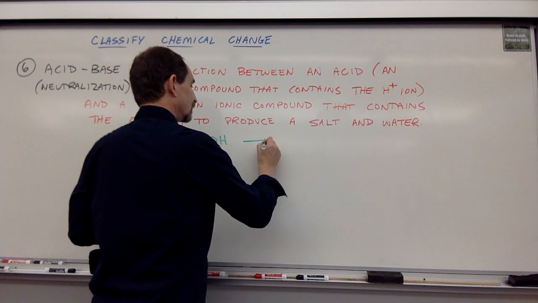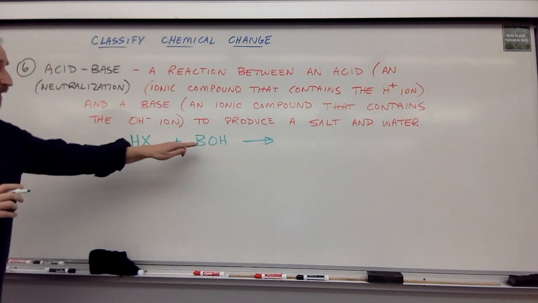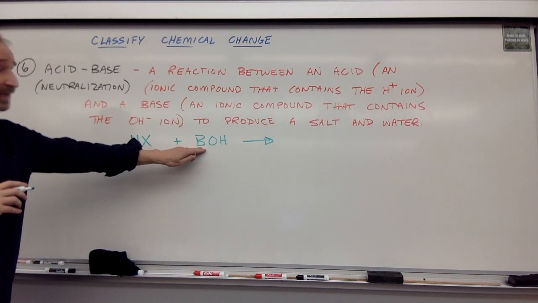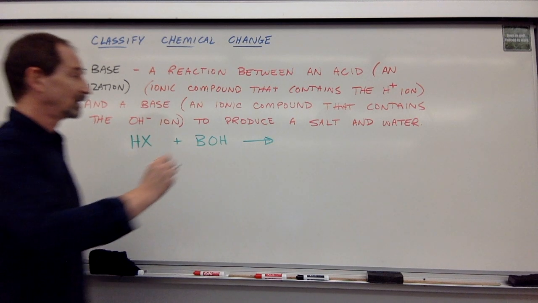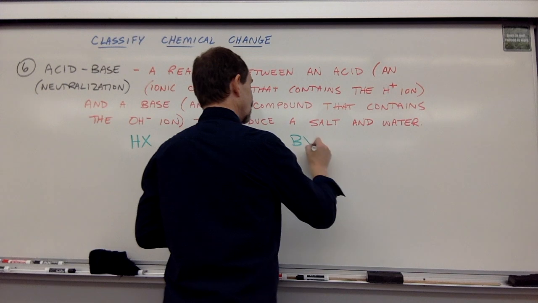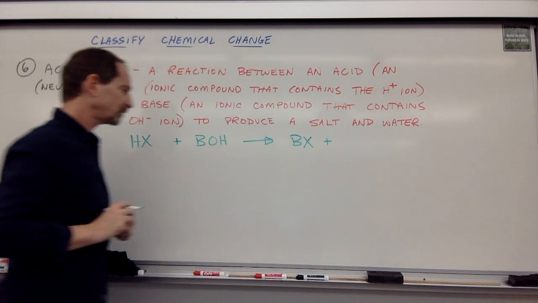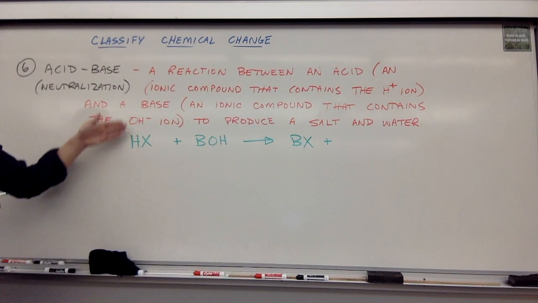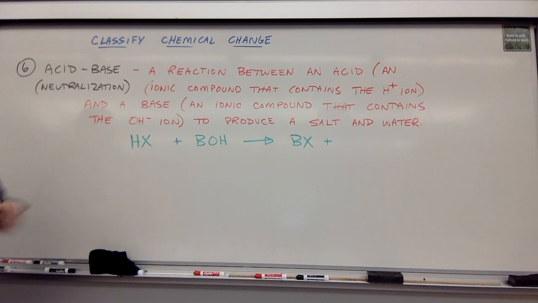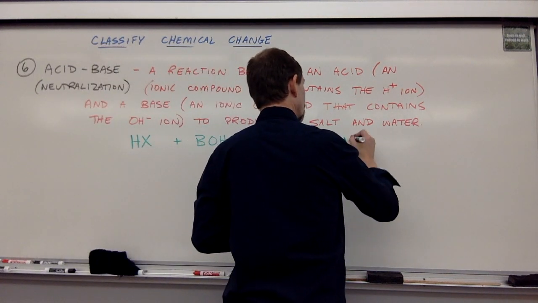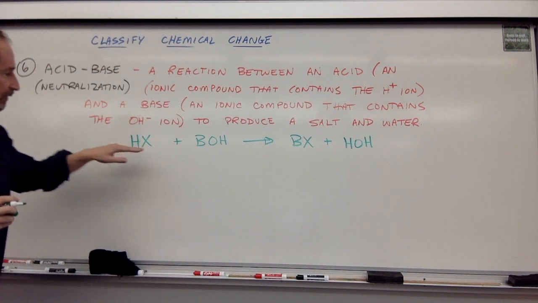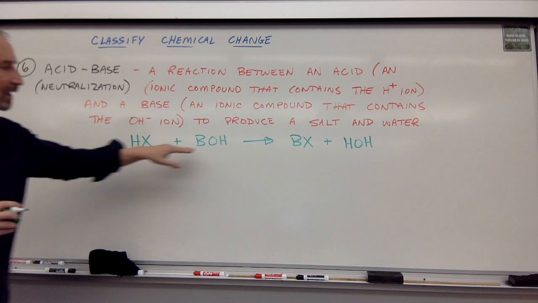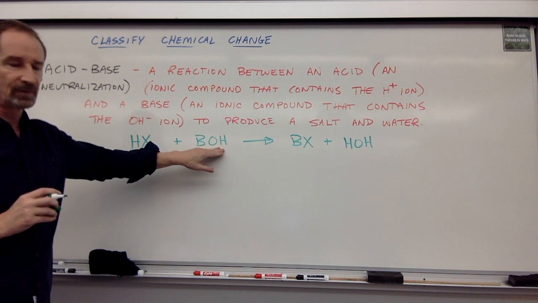If that's my setup, then the metal from my base is going to combine with the X, and I'll end up with my salt, BX. The H+ from my acid is going to react with the OH- from my base to produce water. And I'm going to write it as HOH to indicate that the first hydrogen came from the acid, the OH came from the base.